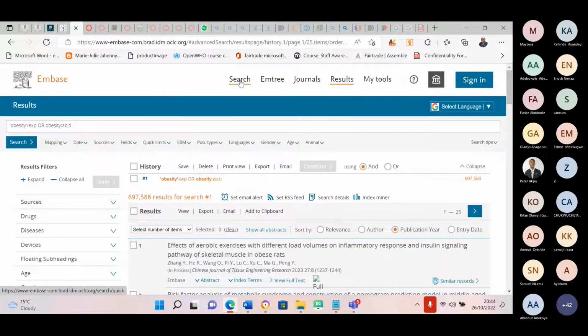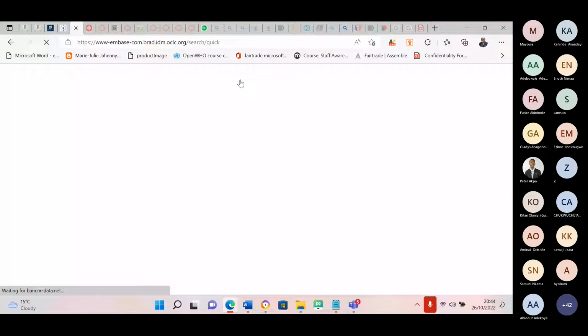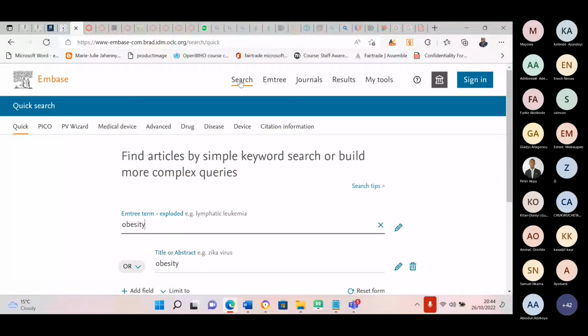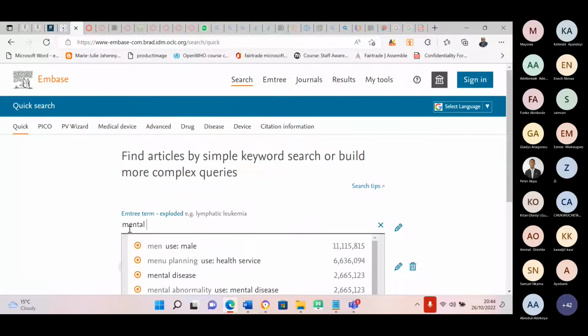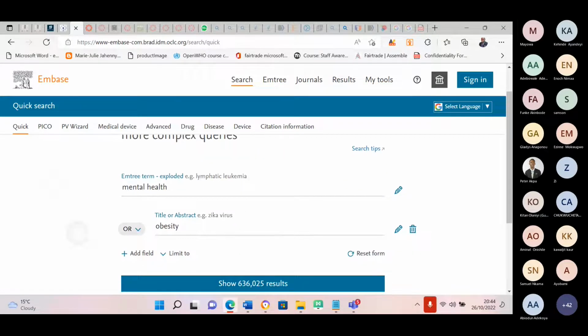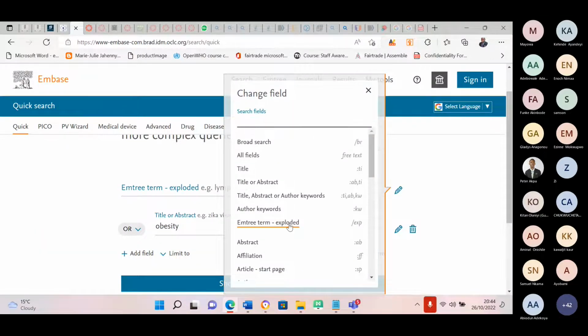You come here again, click on search here again. So the second concept I want to talk about is something around mental health. So I'll just type mental health. Before you type in here, first of all, select, just here, click on exploded.